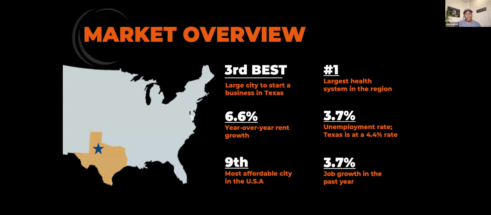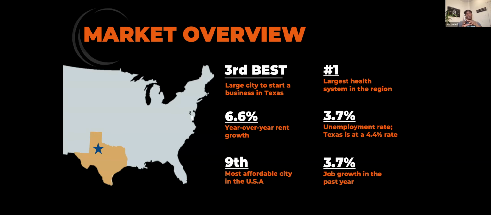Market overview. I would consider Lubbock, Texas a sweet little gem sitting in the north of Texas that is quickly growing. Looking at trends, there are people moving from California, Nevada, Oregon, and some Midwest cities to Lubbock, Texas for a number of reasons: population growth, income growth, crime trends are down, job growth is up.